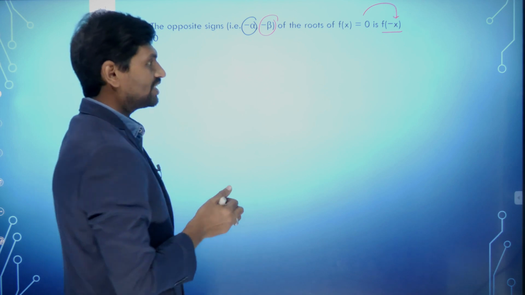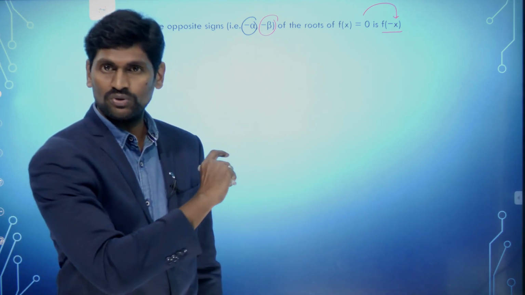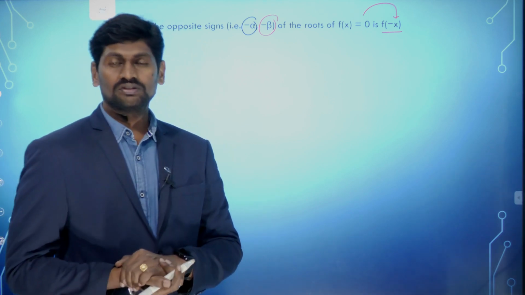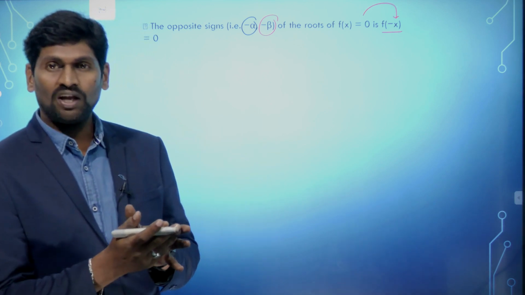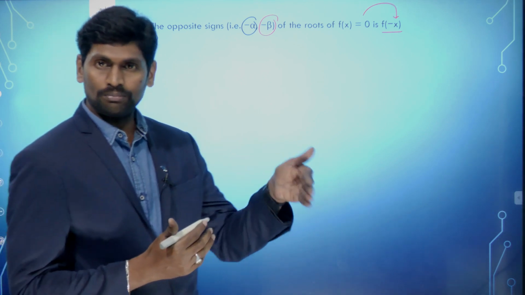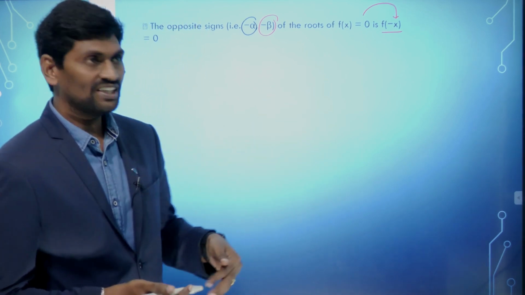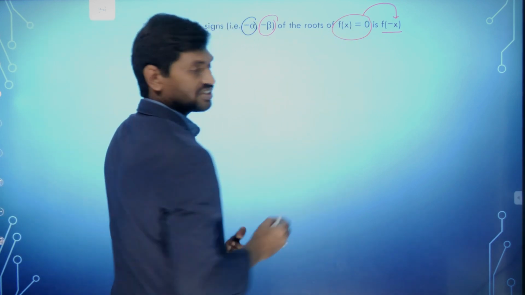Same like previous one. 3 and 5 are roots of a quadratic equation, we got one equation, right? X square minus 8x plus 15 equal to 0. That is f of x. In case 1 by 3 and 1 by 5 are roots, we will get f of 1 by x. For reciprocal 1 by alpha, 1 by beta, we got f of 1 by x. Same way, for alpha and beta, we got f of x is equal to 0.